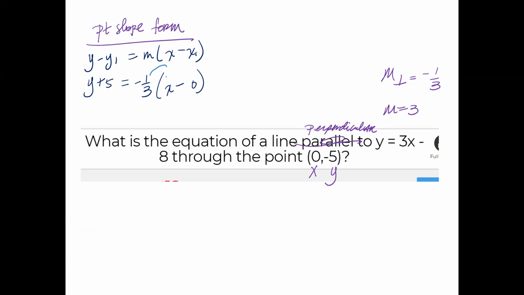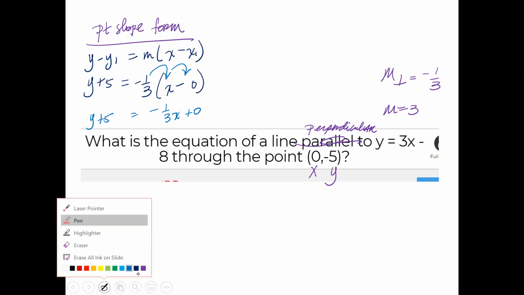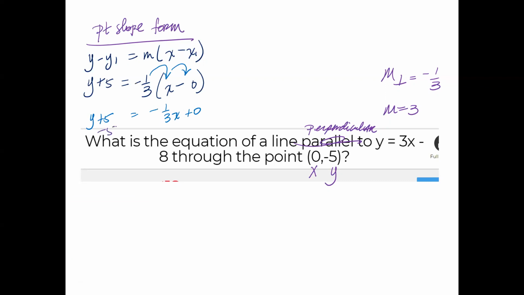So I want to distribute this, which will give me a -1/3 x plus 0. But I also want to get rid of this 5 right here, so I'm going to subtract 5 on both sides. So I have y is equal to -1/3x minus 5. And this is my equation.